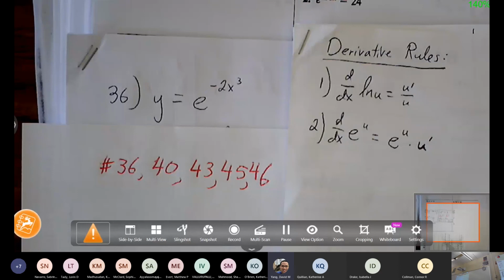So it says the original function times the exponent.